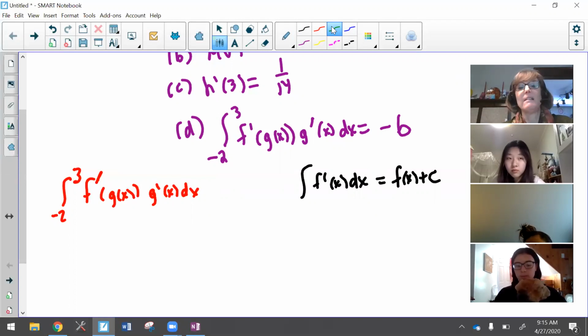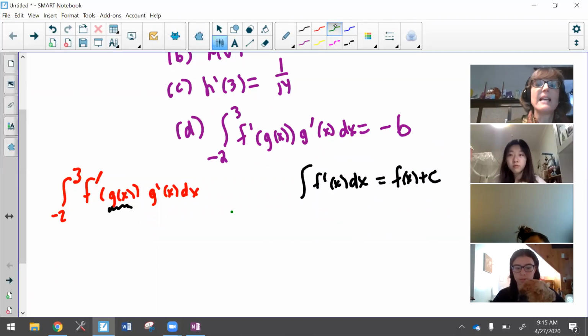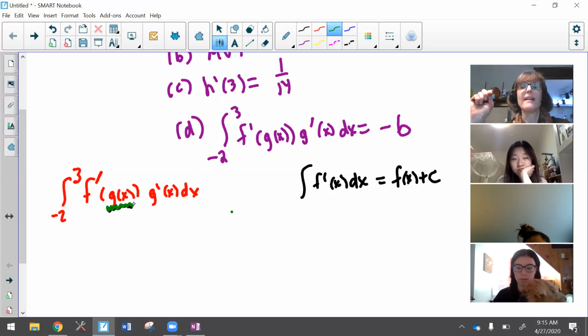There's not really anything to do. So what's the next thing on my list? Integration by parts. Nope, that is not the next thing on my list. Oh, U substitution. U substitution. Okay, so you should be suspicious that instead of being f of x, this is f of g of x. There should be some bells going off in your head that this is wacky.